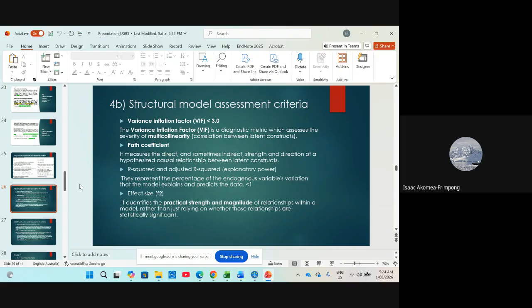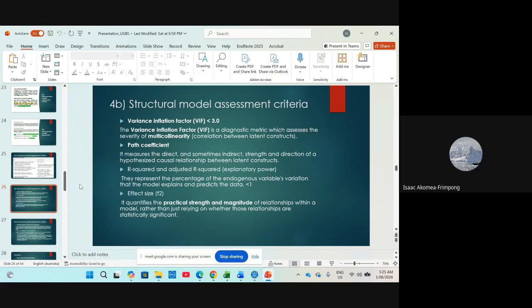So I ended with the VIF last time, and I mentioned that the VIF helps you assess the multicollinearity of your data set. Less than 3 is acceptable. Anything more than 3, the extreme version is 3.3. Yeah, 3.3, but 3 is acceptable. It should be less than.